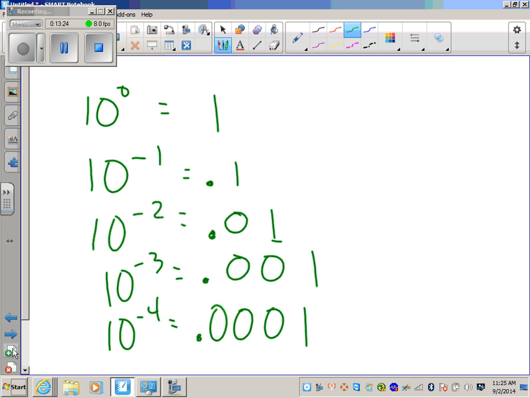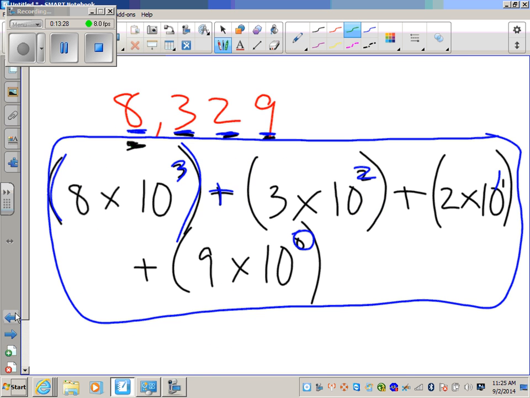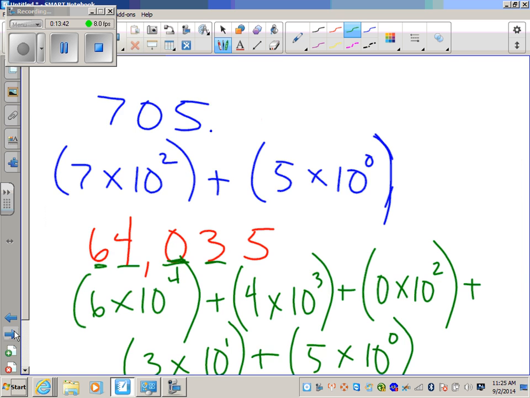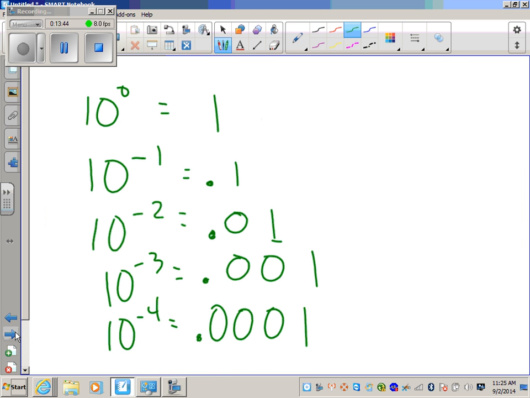How is it different? It's different than this because we said, oh, okay, to the 2nd power is 2 zeros. We counted the zeros when we were on the actual whole number side. Here, we're going to count places. Don't confuse it. Remember, as we go, like we just came from 10 to the 1st power, now 10 to the 0, now we start working our way to the negative.